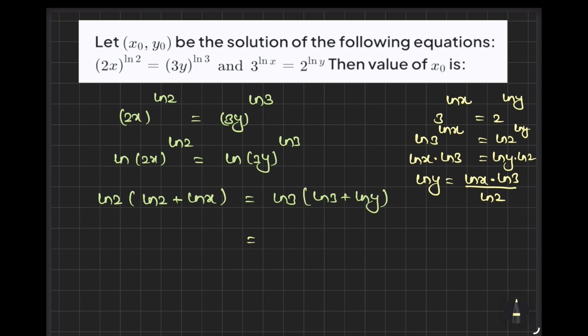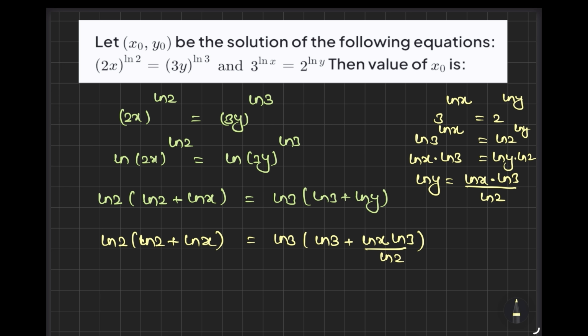So it will become ln 3 plus ln x ln 3 by ln 2, times ln 2, ln 2 plus ln x. Now look at this, I will keep all x terms together and all constants together.